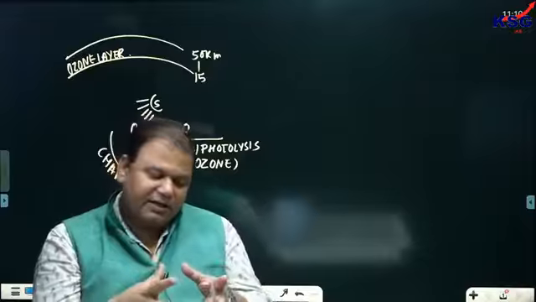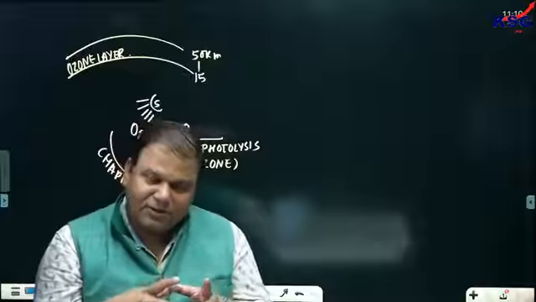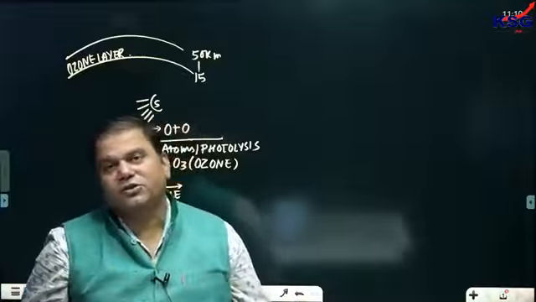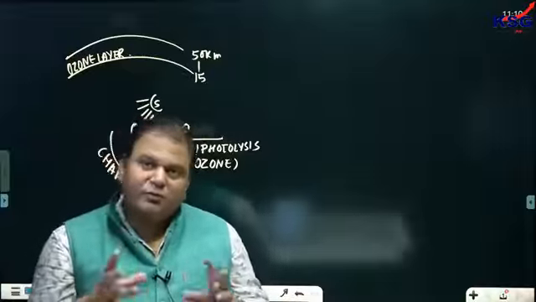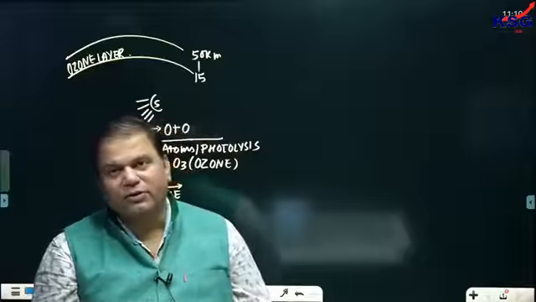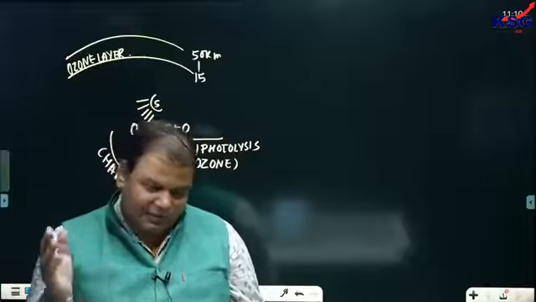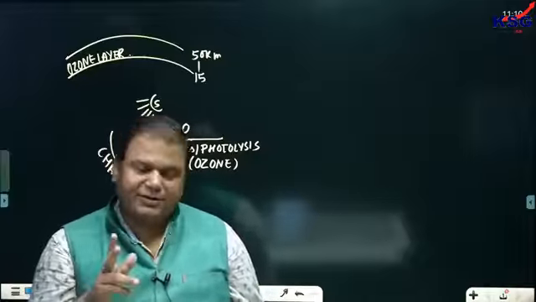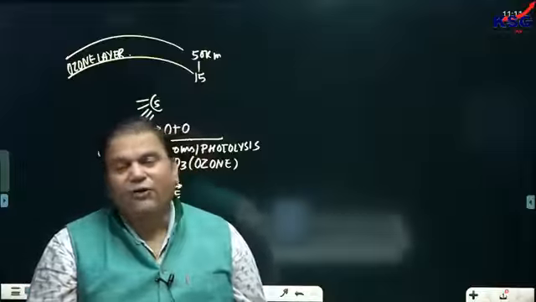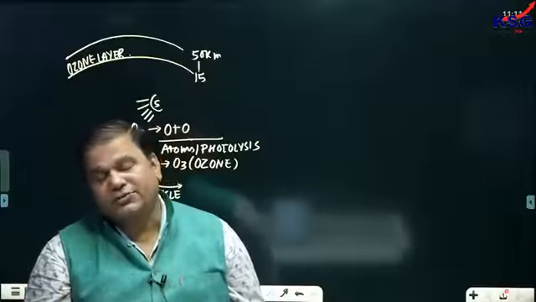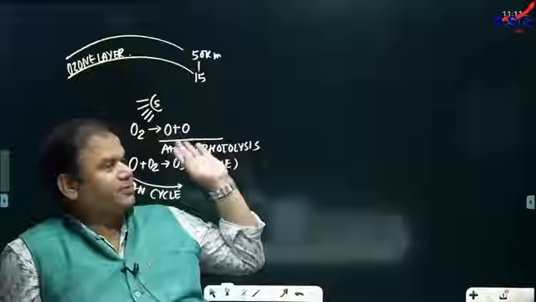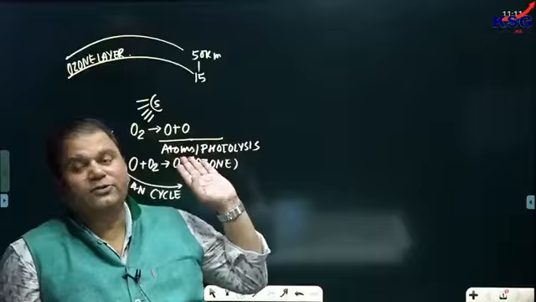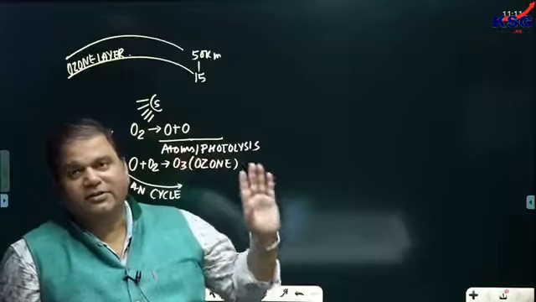So we take an induction coil and through this we give electric charge to oxygen, then O3 would be produced in the lab. But in the stratosphere, this is how it is produced, through photolysis and also through Chapman cycle. Clear?